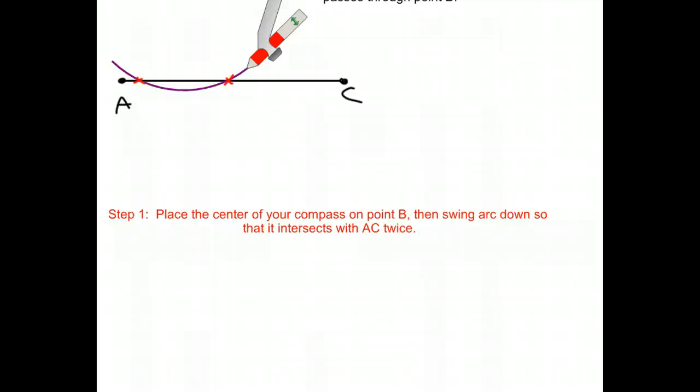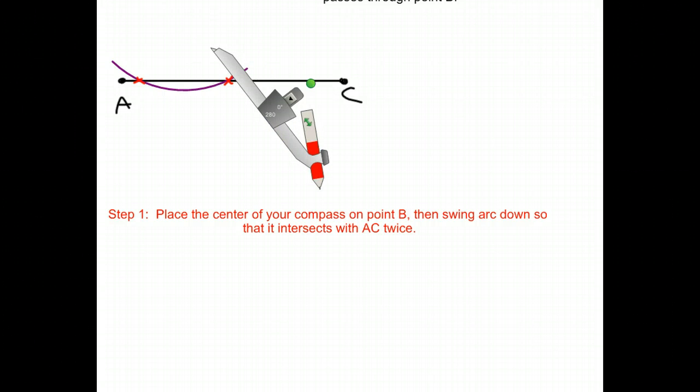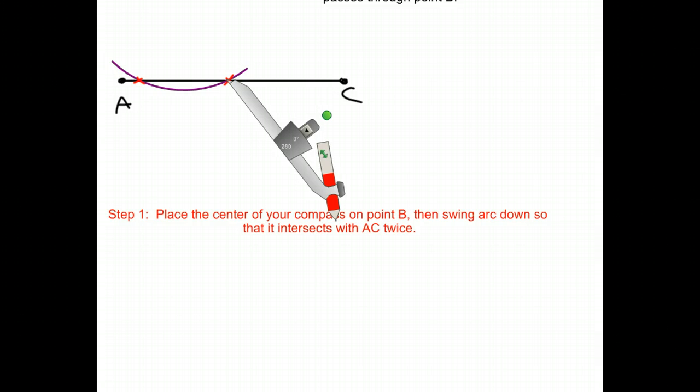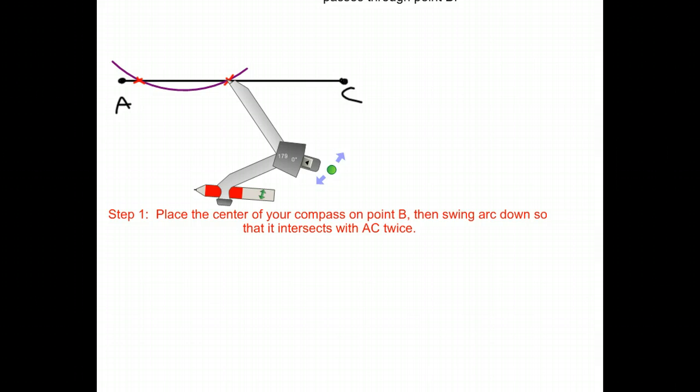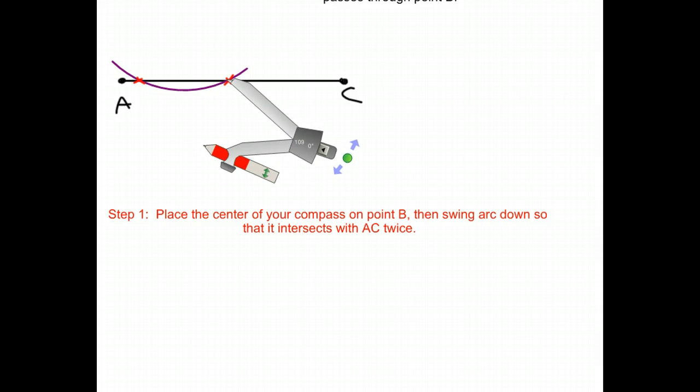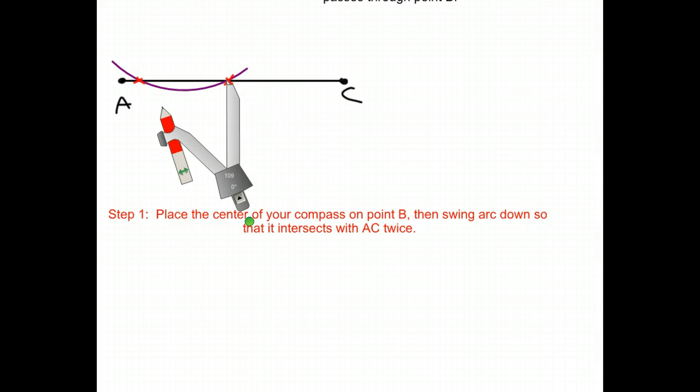Now that we have that arc drawn, we have those two intersections, we can complete step 2 of the process. See these two intersections that we have, we can take our compass and place the center on either one of those two. Now all we're going to do is swing an arc below the segment AC.